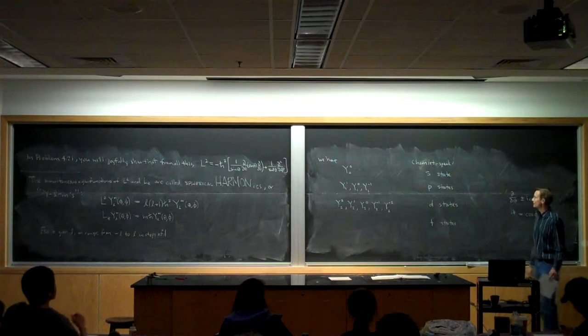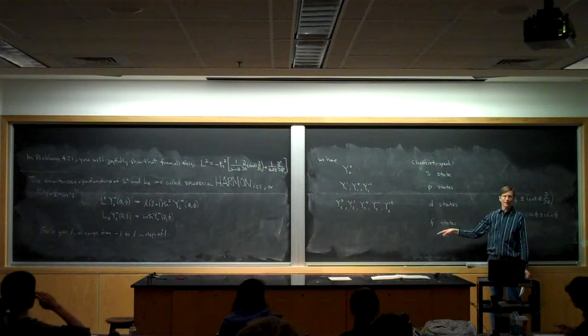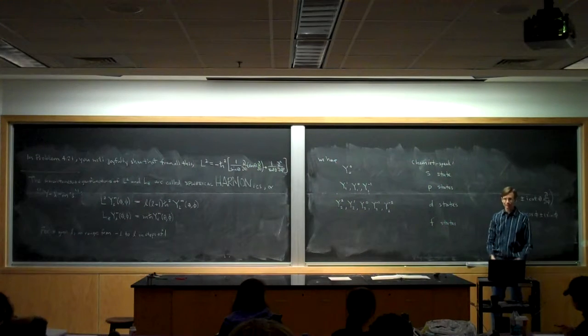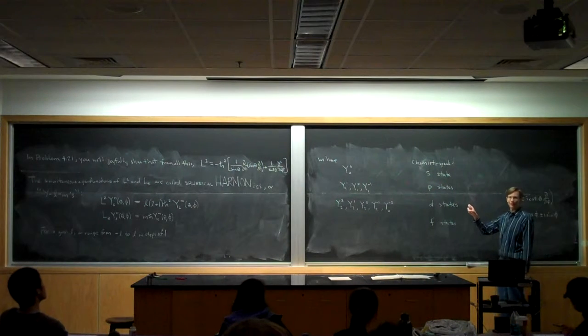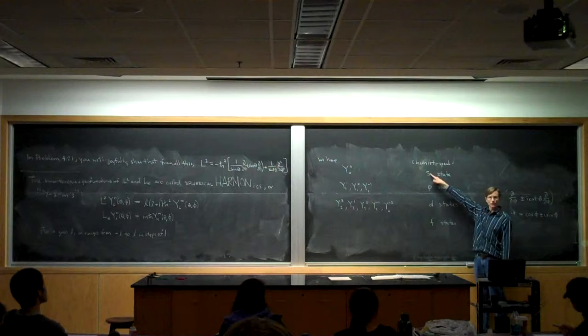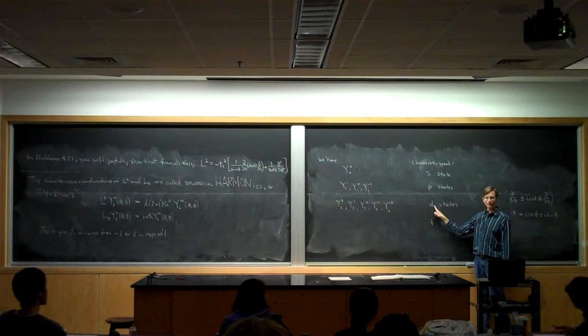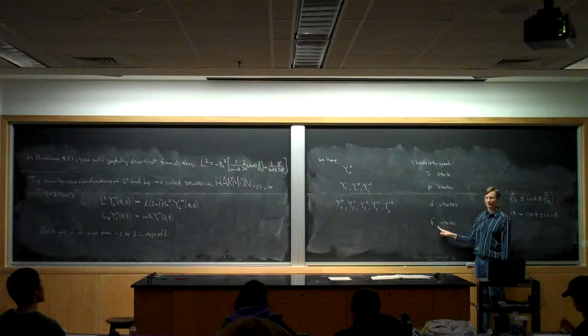Do you know what they actually stand for? It comes from ancient spectroscopic notation. S stands for sharp, P stands for principal, D stands for diffuse, and F stands for something else. I can't remember what F stands for.